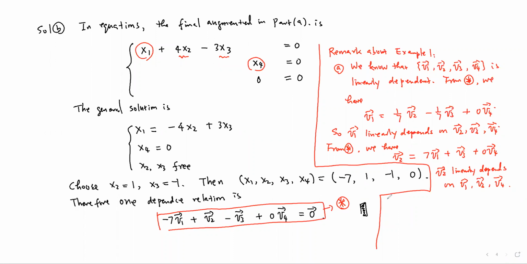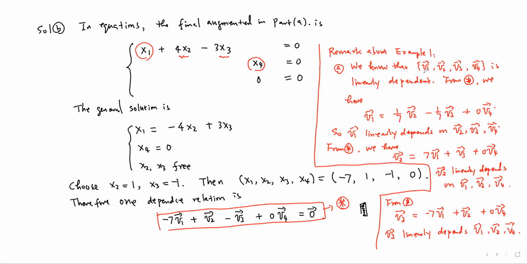Very similar. From star, if I move V1, V2, V4 to the right side, then I get this equation. This equation says that V3 linearly depends on V1, V2, V4.